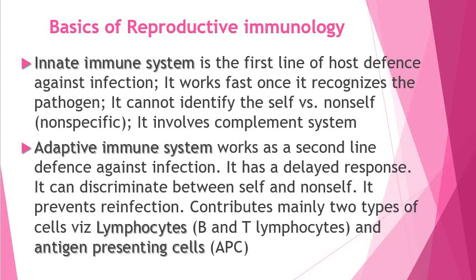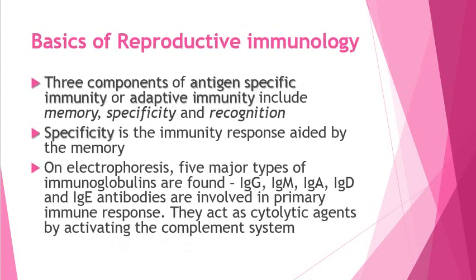So this system has mainly two types of cells, that is lymphocytes, which are B and T lymphocytes, and antigen presenting cells, called APC. So there are three components of antigen specific immunity or adaptive immunity, which include memory, specificity, and recognition. Specificity is the immune response aided by the memory.